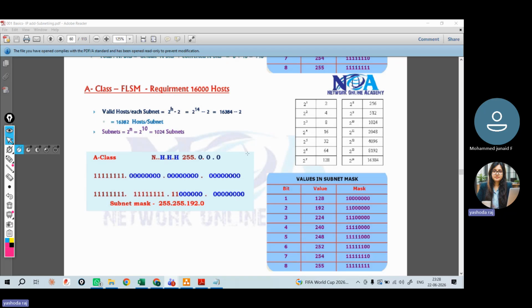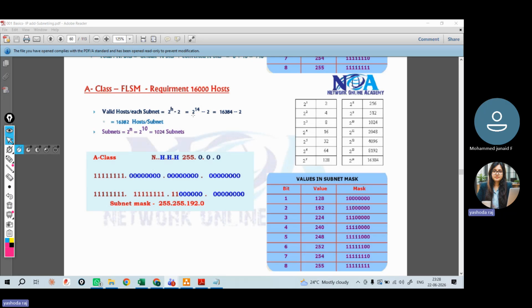In which class is it more? Class A has more hosts, right? Yes, because we have 24 host bits, whereas in class C, 8 bits are host. So which is more? For class A, host bits are more. Okay. So for 16,000, 2 power 14 is suitable.